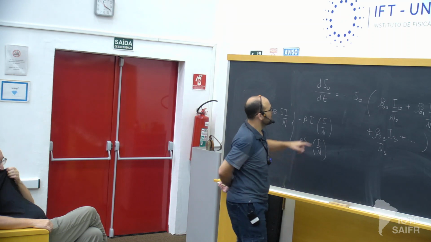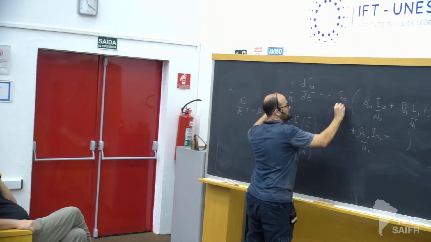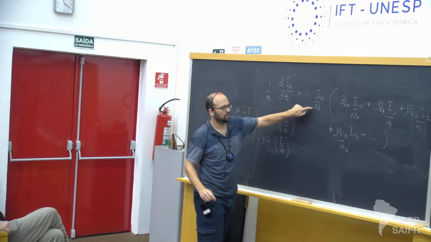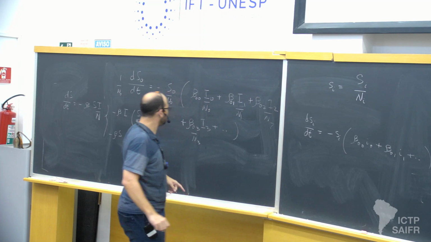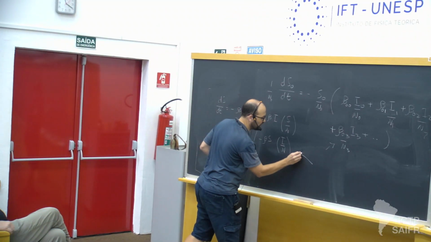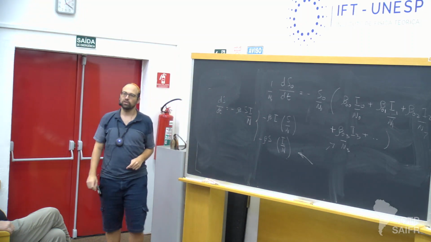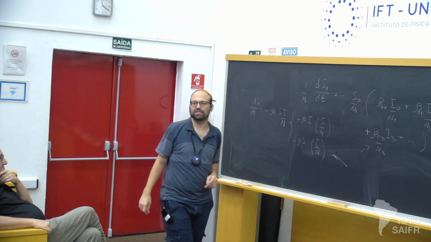I divide by n0 on both sides to get this, and when you write this, you are implicitly assuming this shape here. You say, well, it's not natural, it's a choice.